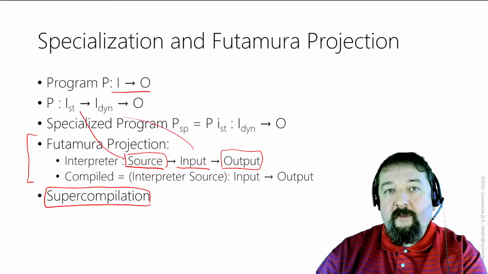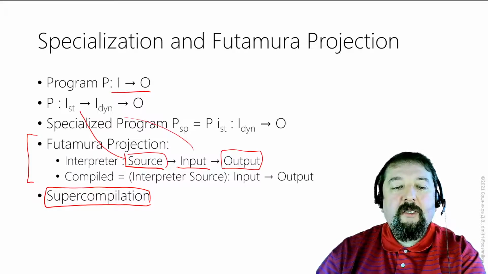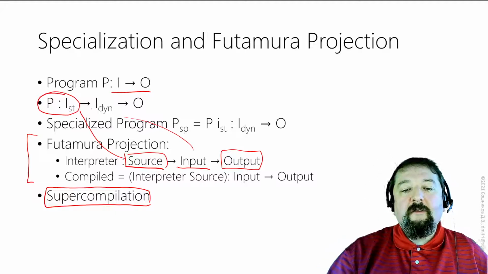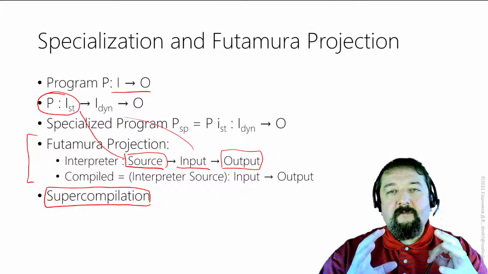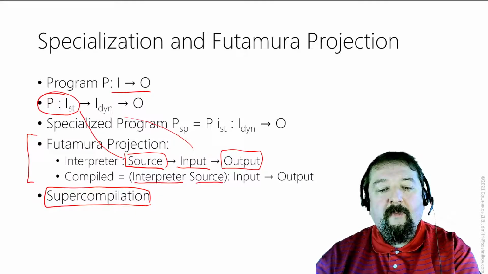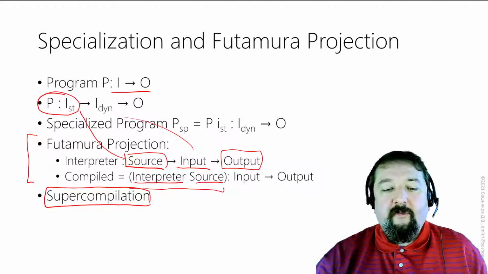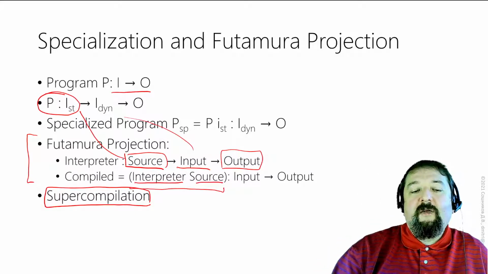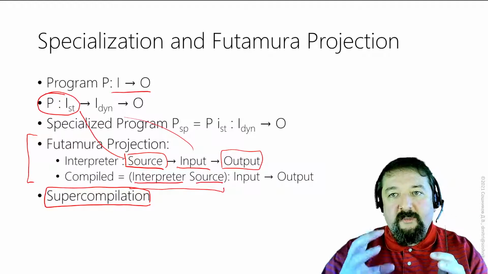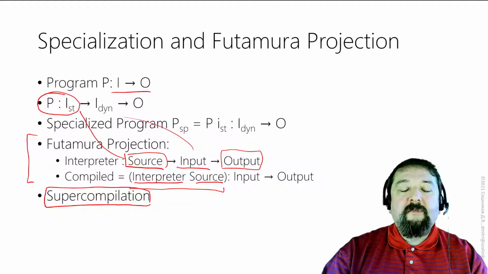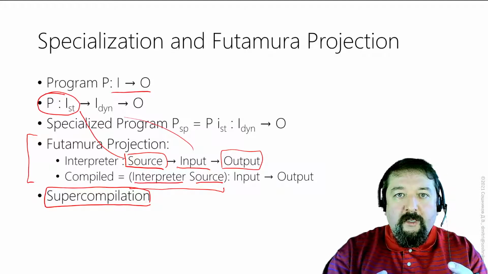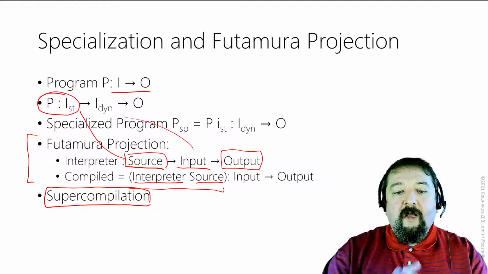And if we think about partial application, we can partially apply our program P to these static values. And this partial application of our interpreter to the source code of the program would correspond to the compiled program, right? So if we have, for example, a supercompiler, we are able to pass this specific source of the program to our interpreter, and then optimize that code altogether to produce a more efficient compiled version of the program.